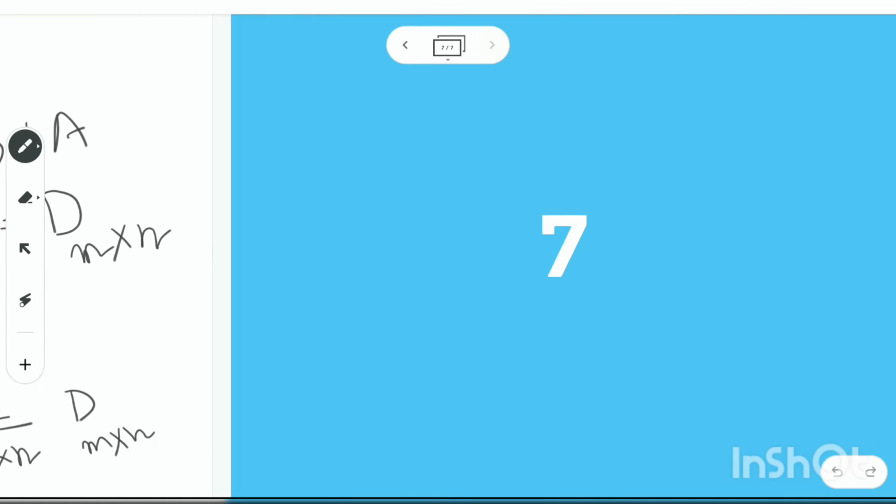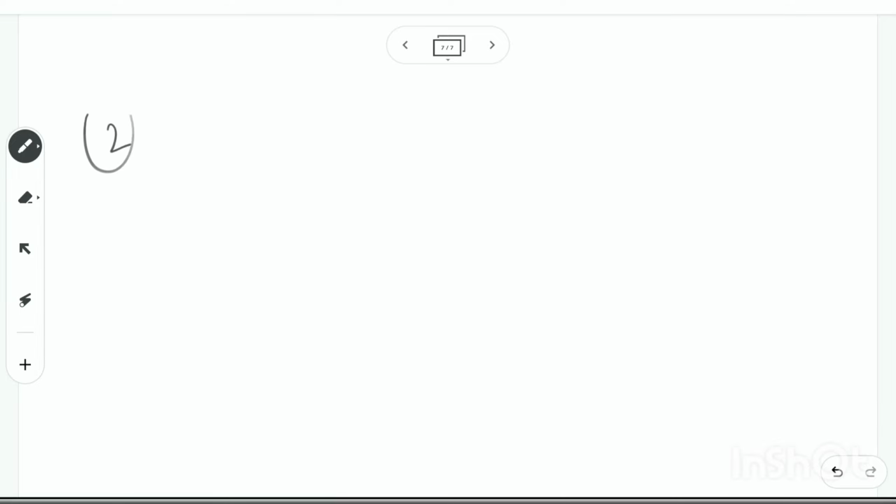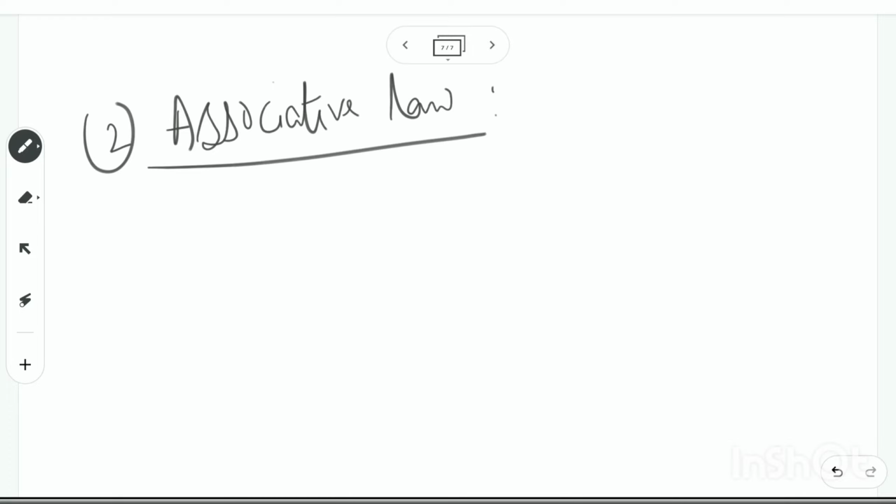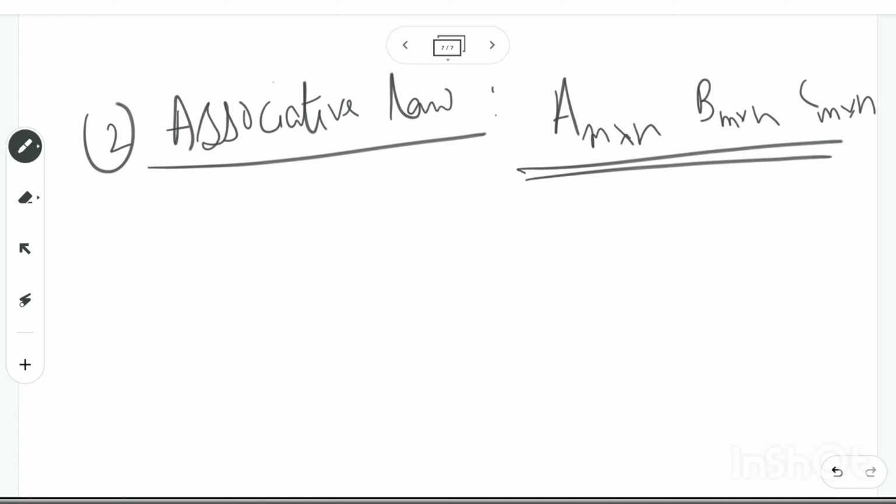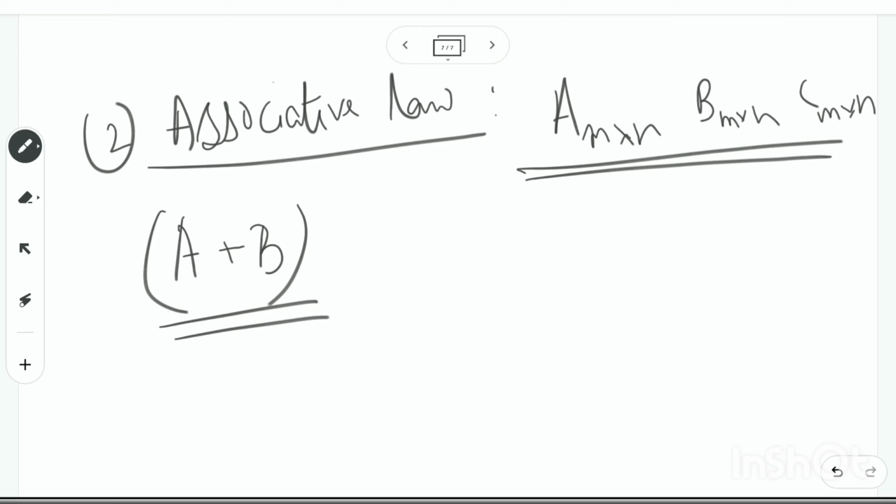Now the next property is the associative law. What does it say? The associative law is also very easy. Suppose there are three matrices A, B and C. If you add A plus B, and then with this resultant matrix you add C, you get a result.